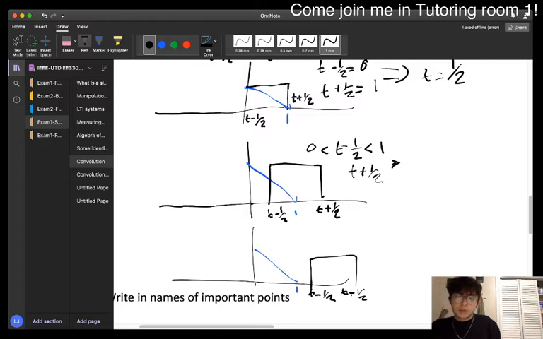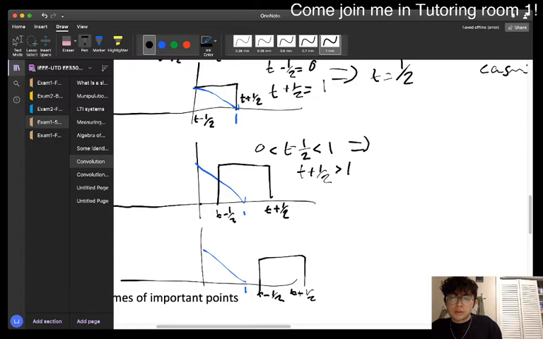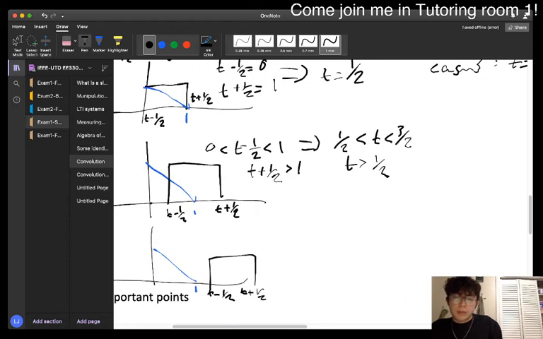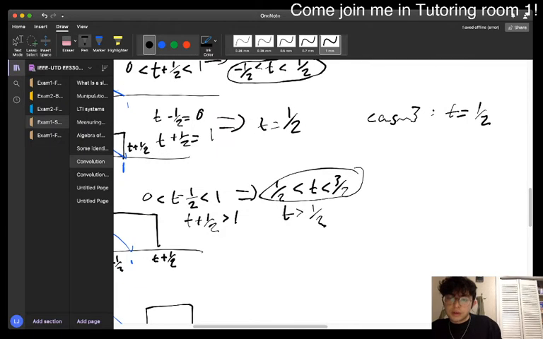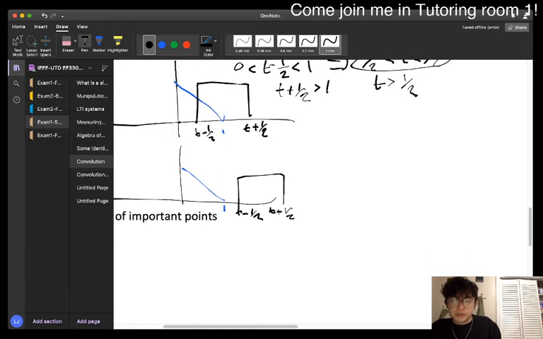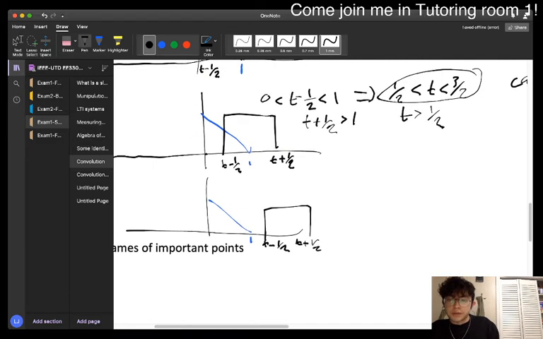So, solving, we get 1/2 less than t less than 3 over 2. And then this one is t is greater than 1/2. So intersection, then this one is going to be this one. So case 4: t is less than 3 over 2 and greater than 1/2. And then this one, if we follow a similar process, we're going to find t is greater than 3 over 2.